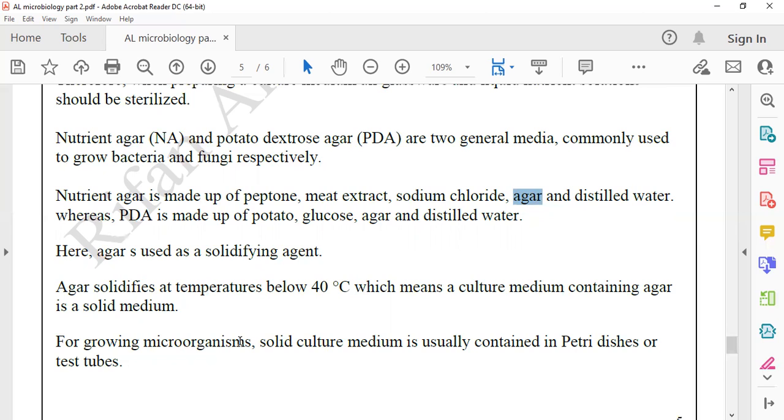Due to that reason, we use agar as a solidifying medium. When you get agar, it will be an off-white or yellow color powder. When you heat it above 40 degrees Celsius, little by little, it will dissolve in water. Later, if you allow it to settle, it will become a solid medium. So solid cultures are possible using agar.